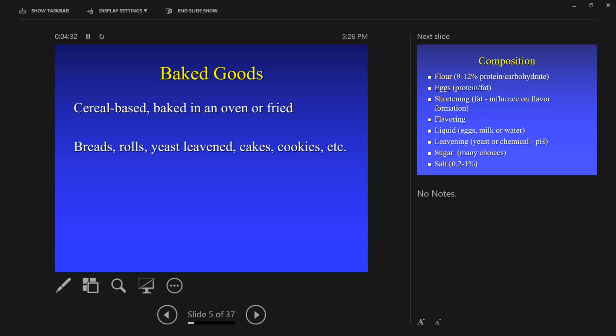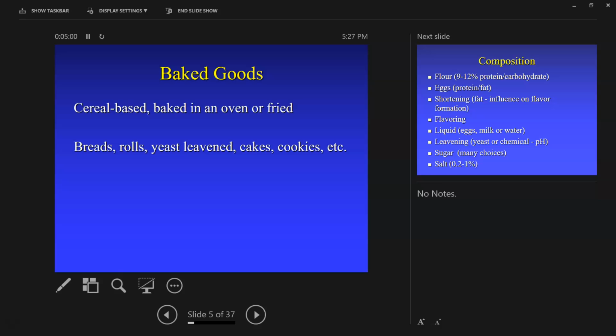So in a very general sense, I think we can say they're cereal-based. Maybe we'll change that to other protein or other things based. But right now, when we think of breads, we tend to think of cereal, beginning of the product. They are baked in an oven, or they could be fried. And so we've got quite a variety, but that's what we're going to start with. We're going to start with typically wheat flour, and it's going to go through a thermal process.